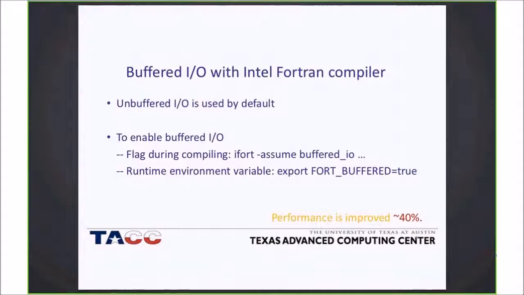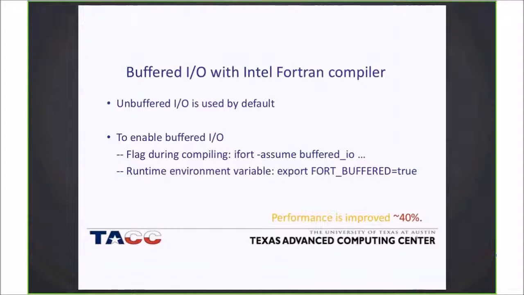Let's start with the buffered I/O. With the Intel Fortran compiler, unbuffered I/O is used by default. It is convenient to debug code and is robust for unexpected hardware or software failure. However, the performance could be much lower than using buffered I/O. To enable buffered I/O for the Intel Fortran compiler, there are two different ways.